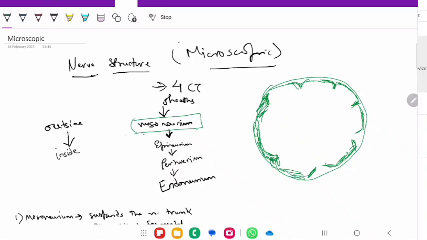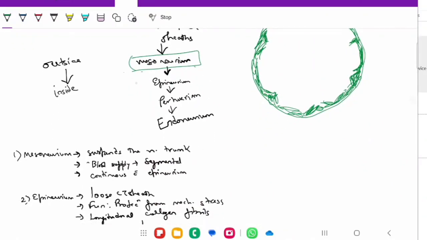This is mesoneurium. What does mesoneurium do? It is the outermost covering. Secondly, it suspends the fascicles. What are fascicles? I will explain. Fascicles are nothing but a collection of neurons.